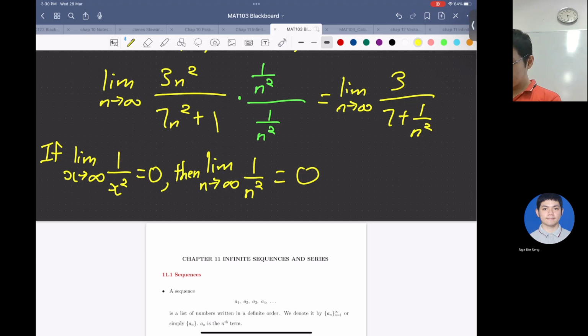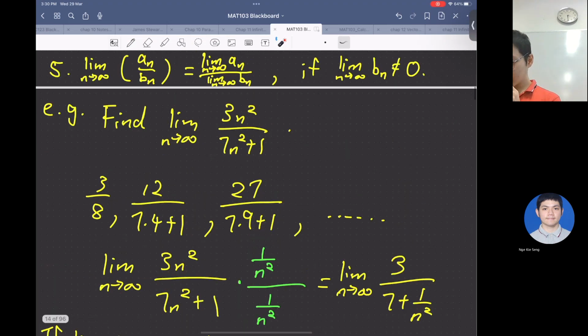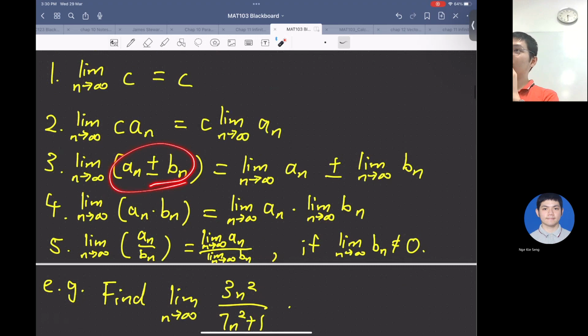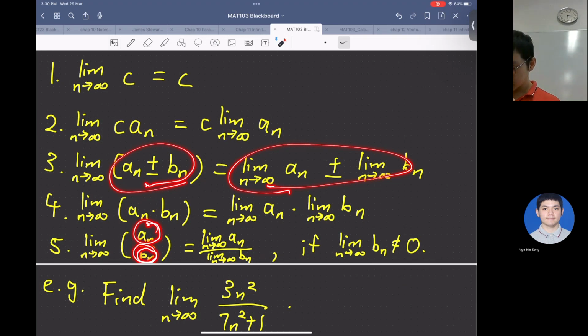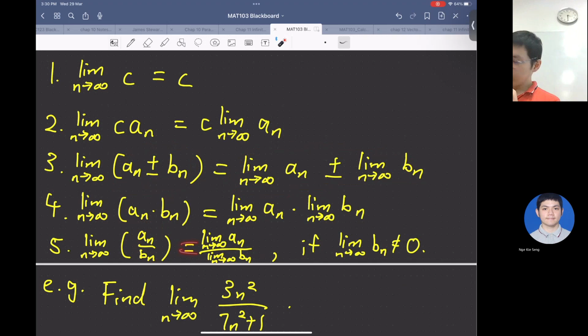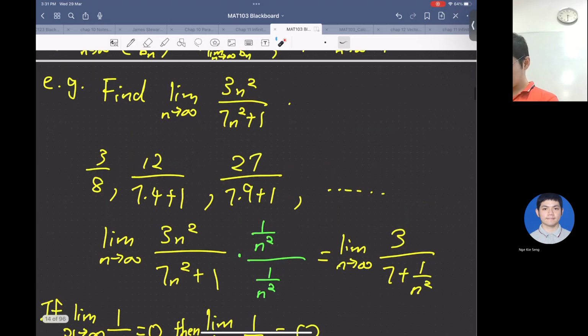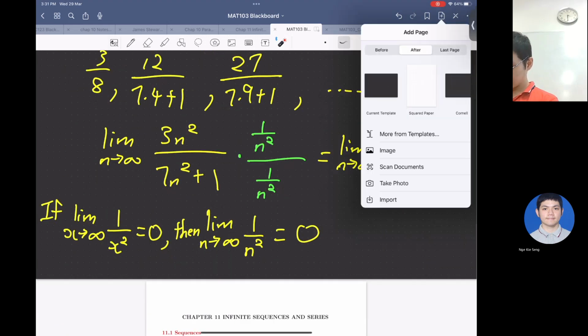So we can see that this one is converging and this one is converging, because of the constant 7. When two convergent sequences add together, the limits also add up. When the numerator is converging and the denominator is converging, then the limit of this quotient sequence is just the limit of the numerator over the limit of the denominator. So this is the whole thing we want to put in here.